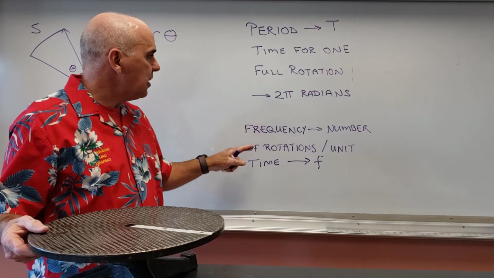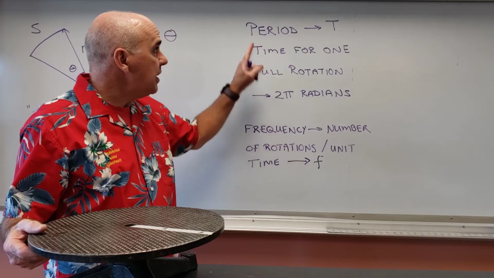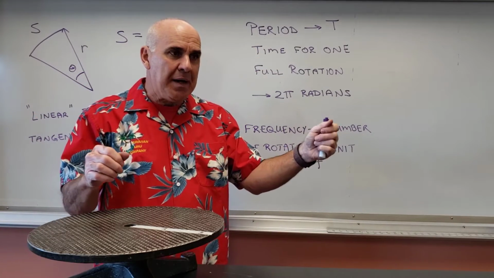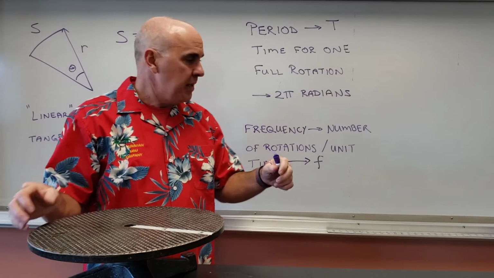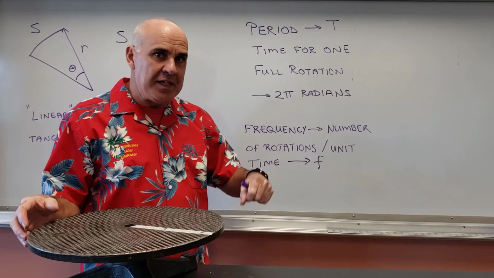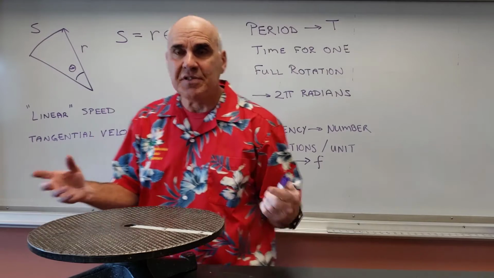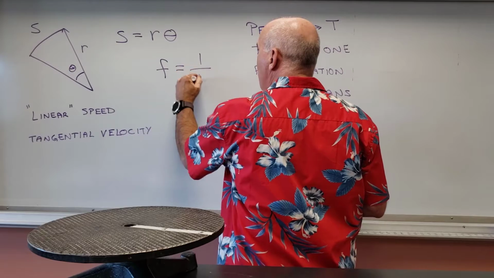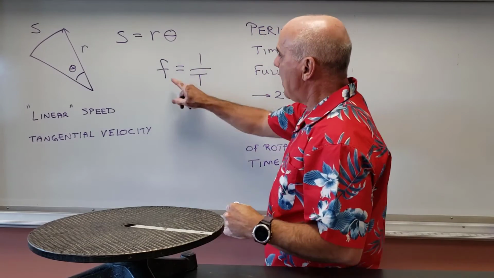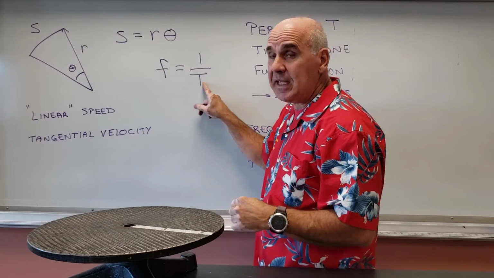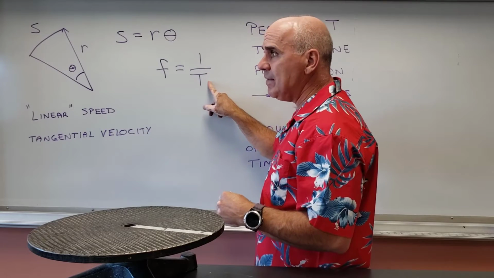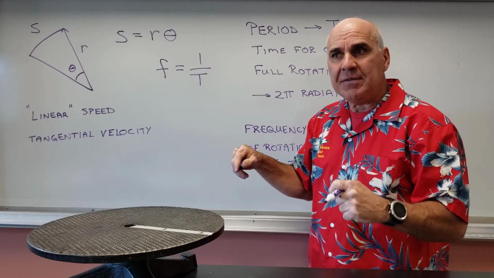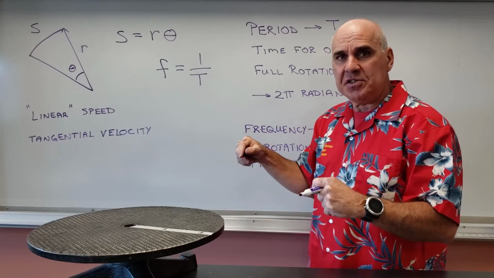But there's a relationship between the frequency and the period. Let's think about it now. The period is the amount of time per one rotation, and the frequency is the number of rotations per unit time. So it turns out that relationship is an inverse one. The frequency is equal to 1 over the period. So if I had a period of, let's say, 5 seconds, I would have 1 over 5 seconds. That would be 1/5 per second.